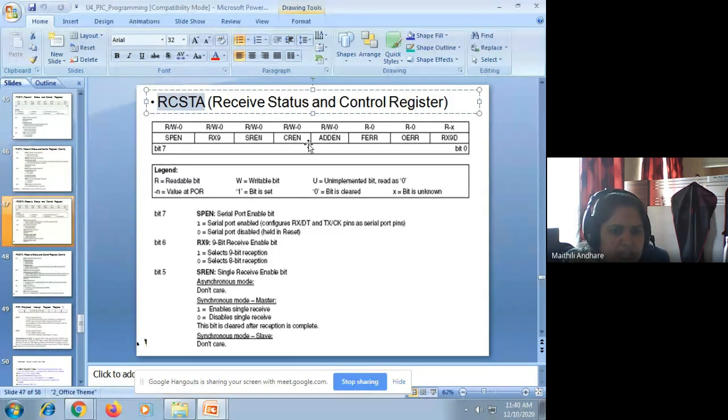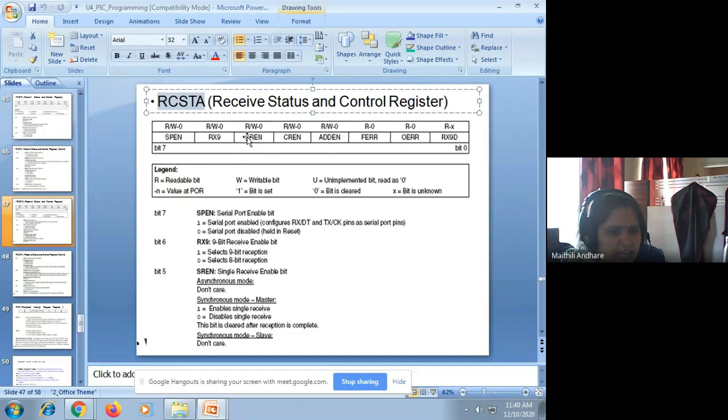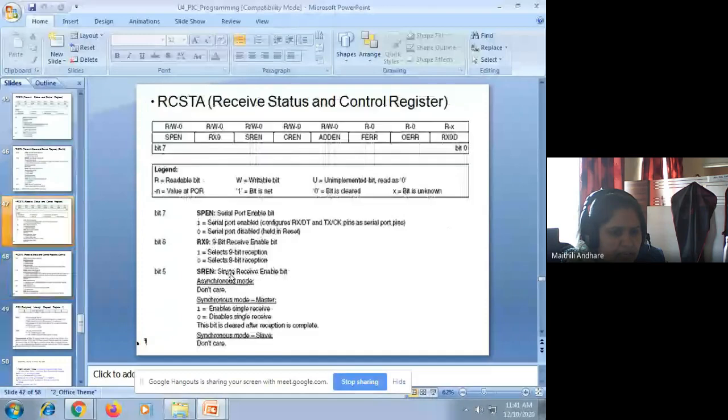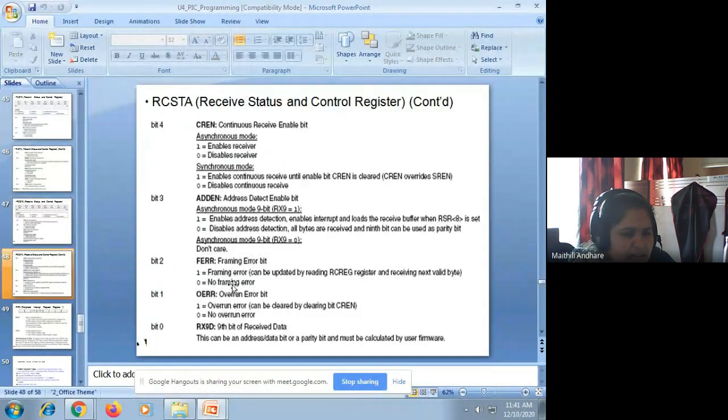Here also the important thing is receive enable, the SREN bit, that is the single receive enable bit, which is available only in synchronous mode. And we have seen some of the errors related to reception or transmission; those error bits are available in the RCSTA register.